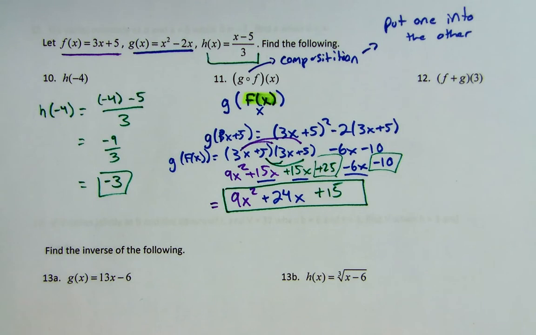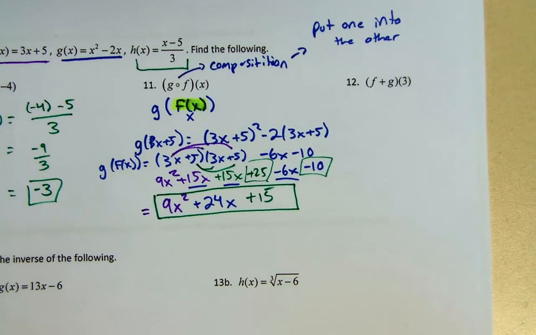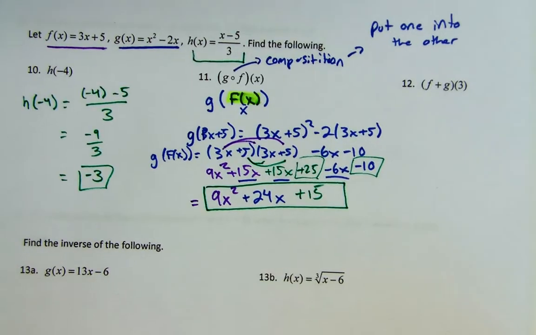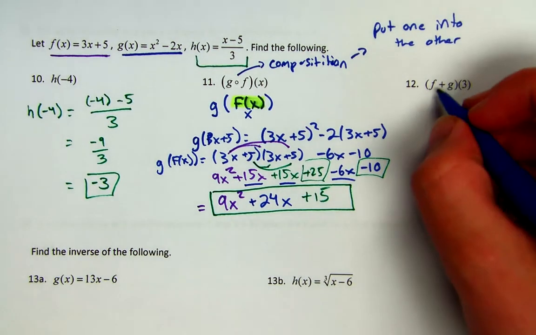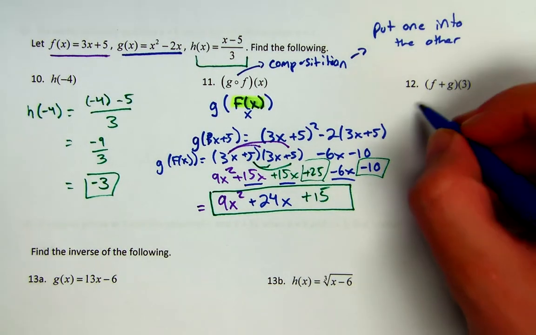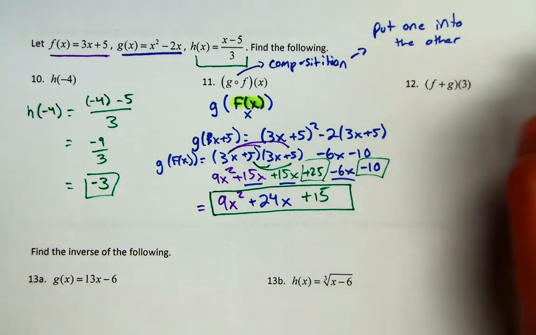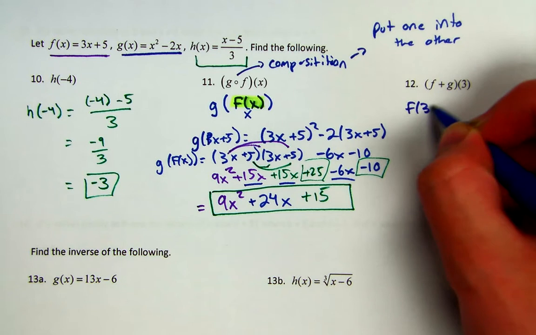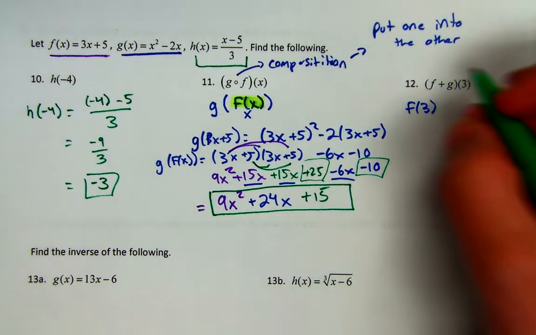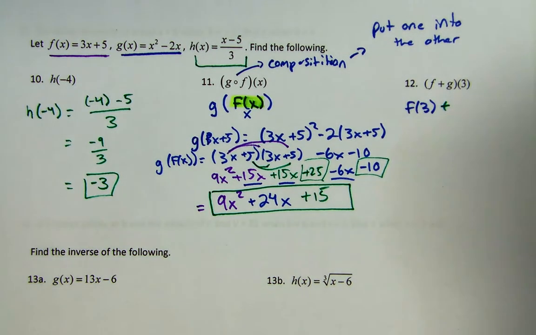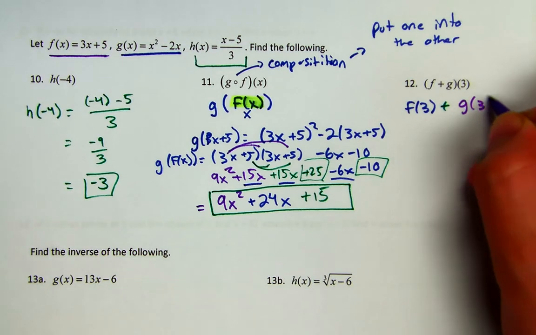Alright, and the last one just says, hey, we're taking (f plus g) of 3. So there are two ways I can do this. I can do f of 3 plus g of 3, or I can add the two functions first. I like to split it and say, what is f of 3? Add it to g of 3.